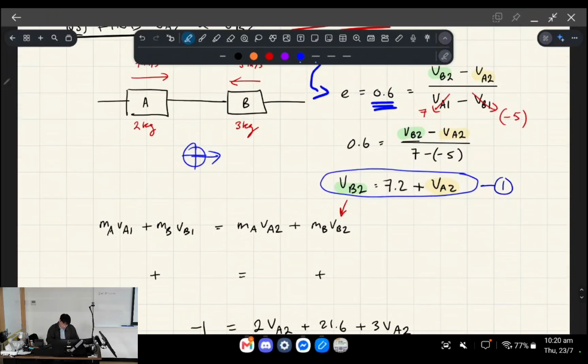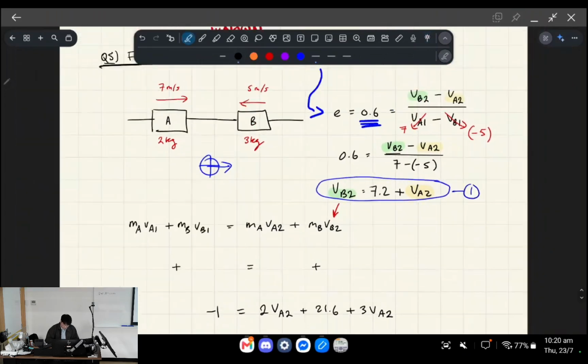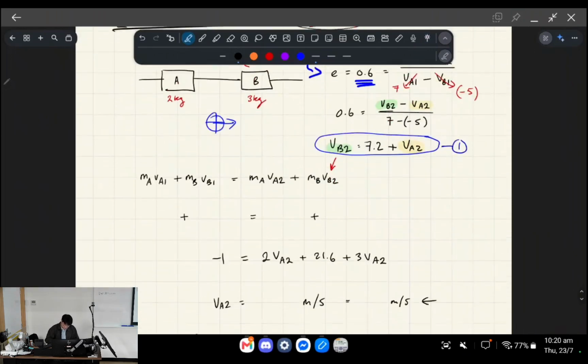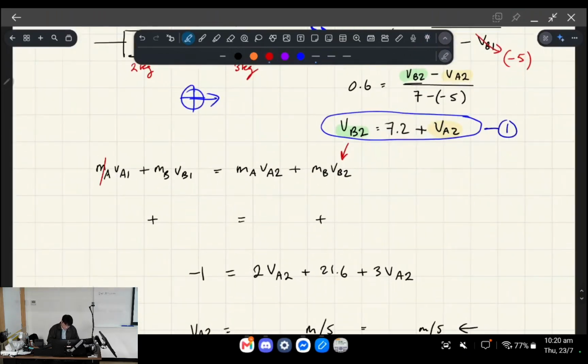Now, the second thing we know is the conservation of momentum formula, and this is going to give us our second equation. We know the masses of everything, so we just plug them in: it's 2 and 3.